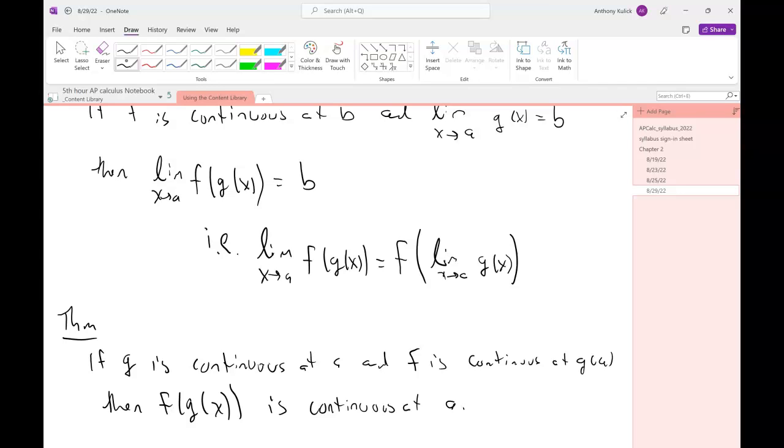That's saying the composition of two continuous functions is continuous.